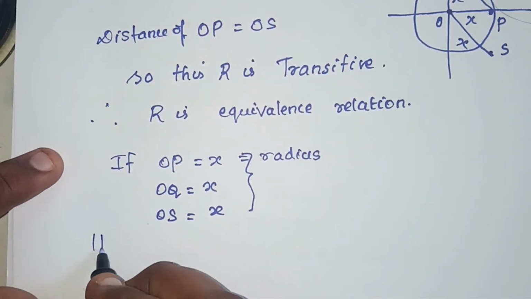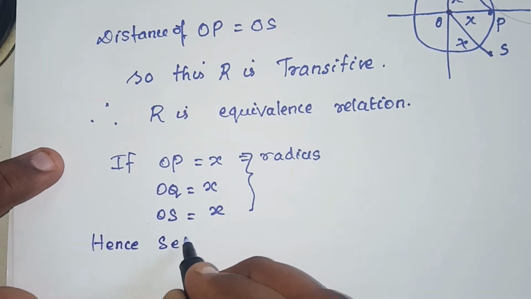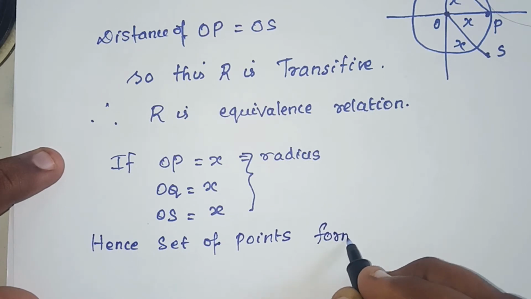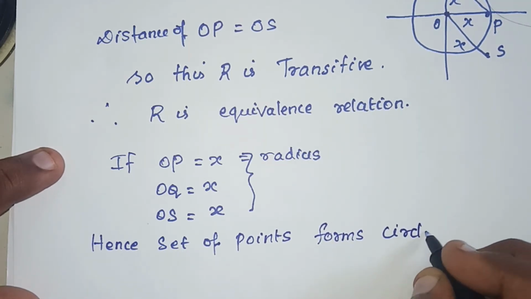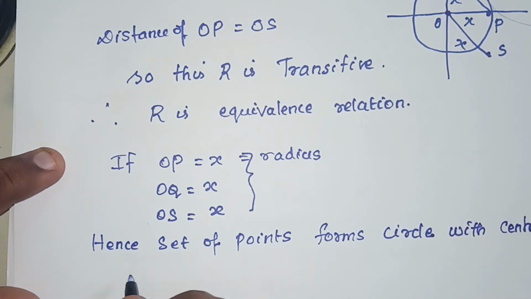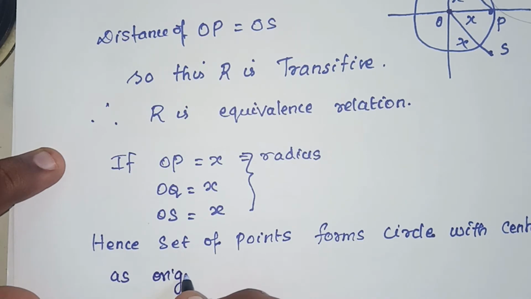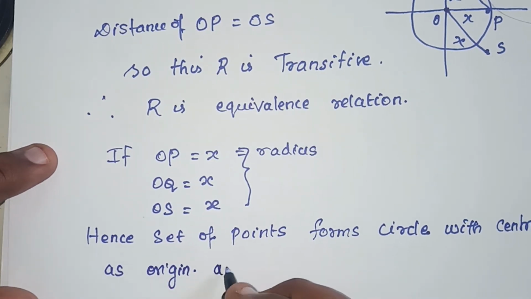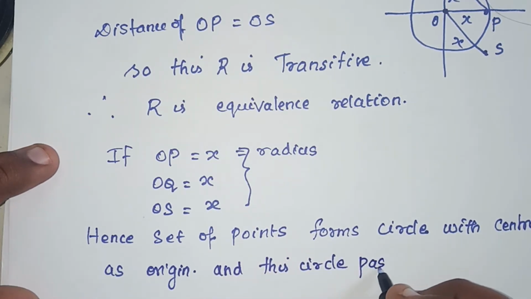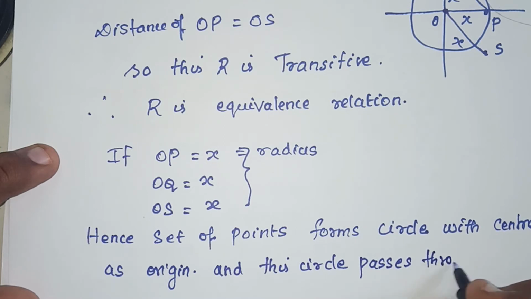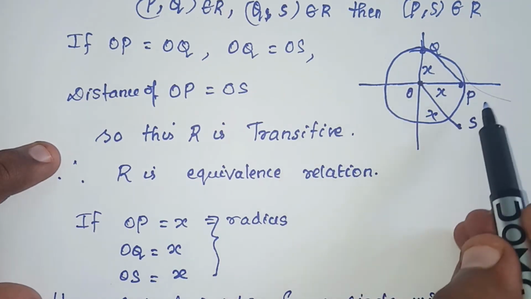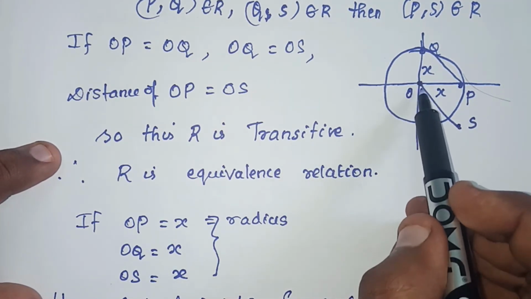So hence the set of points forms a circle with center as origin, and this circle passes through P. Right, the circle is passing through P, but P is not equal to (0, 0) because the origin is (0, 0).